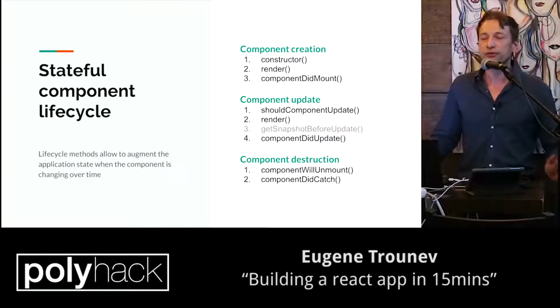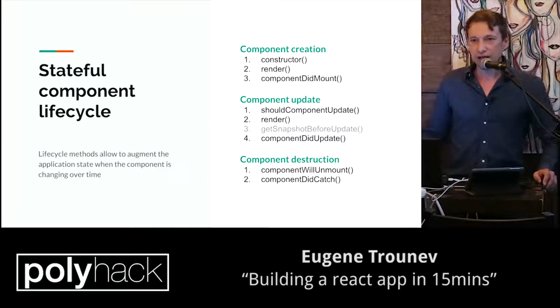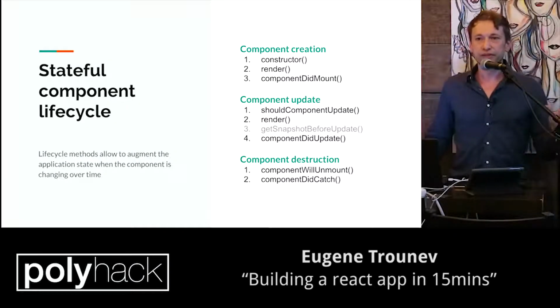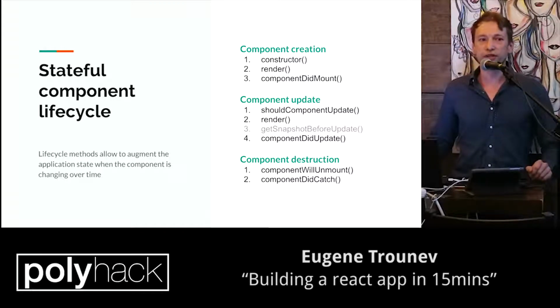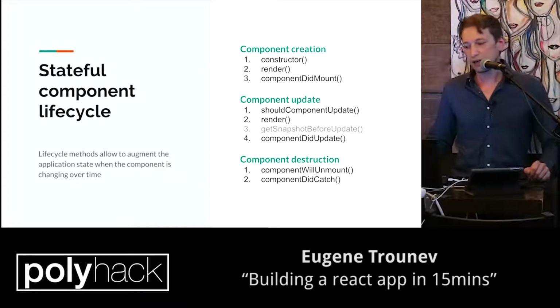Regular JavaScript 4 or 5 does not have constructors. But once again, I'm trying to present this from the perspective of the future, not the past. Then the render, that's just a function inside of your component that returns the view. It's exactly the same thing as in the stateless component.